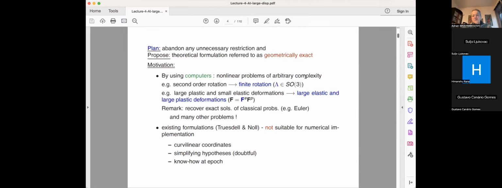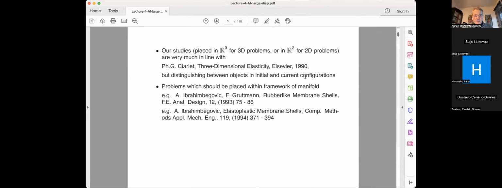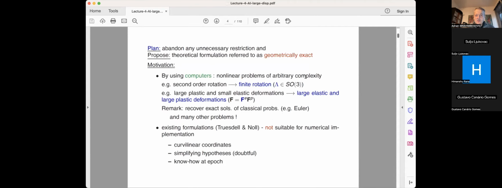So as I said, the formulations in these classical books by Truesdell and Noll are not suitable for finite element computation. And I cited this experience of developing a general curvilinear shell element, which had difficulty representing even rigid body modes, simply because the curvilinear coordinates made a lot of coupling between different deformation modes.